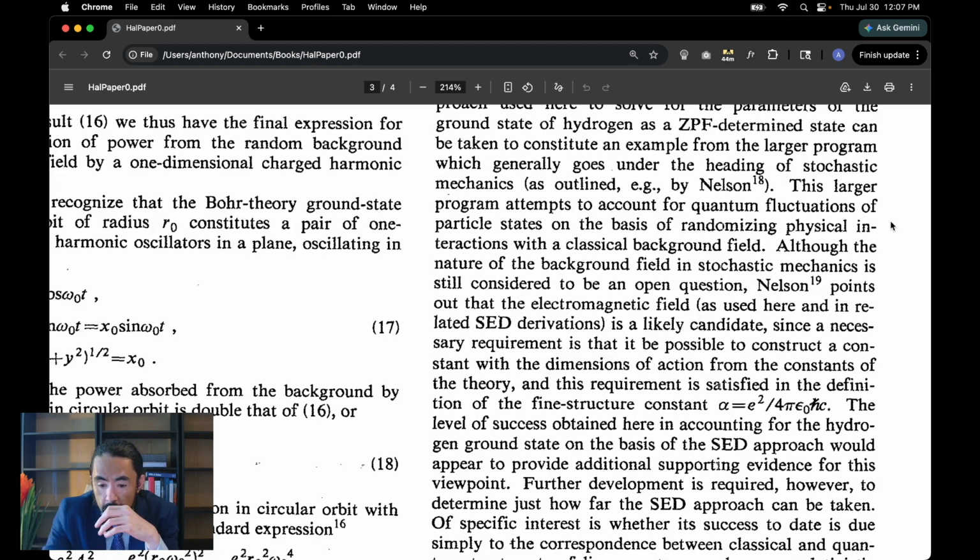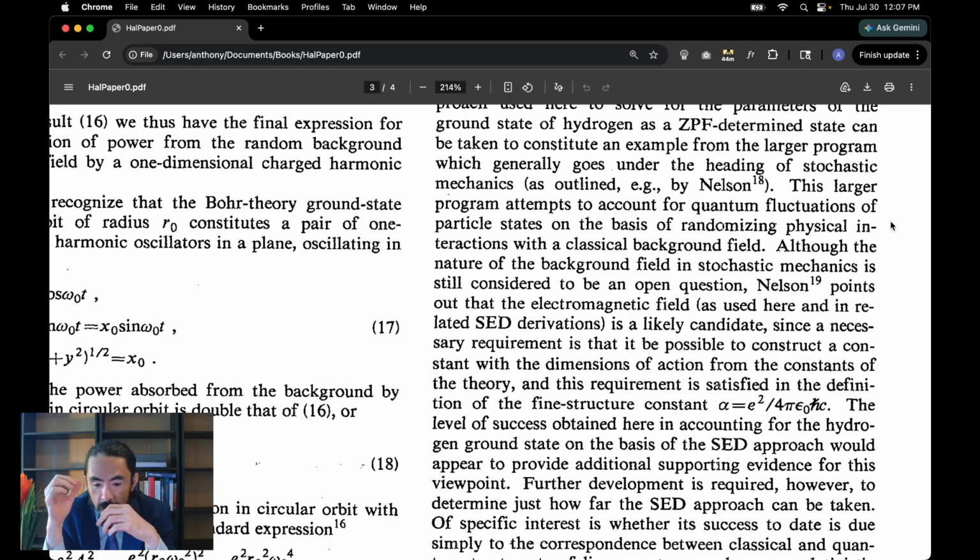This larger program attempts to account for quantum fluctuations of particle states on the basis of randomizing physical interactions with a classical background field. Although the nature of the background field in stochastic mechanics is still considered to be an open question, like I said, this paper does not prove that there is this 0-point fluctuation background radiation EM field.